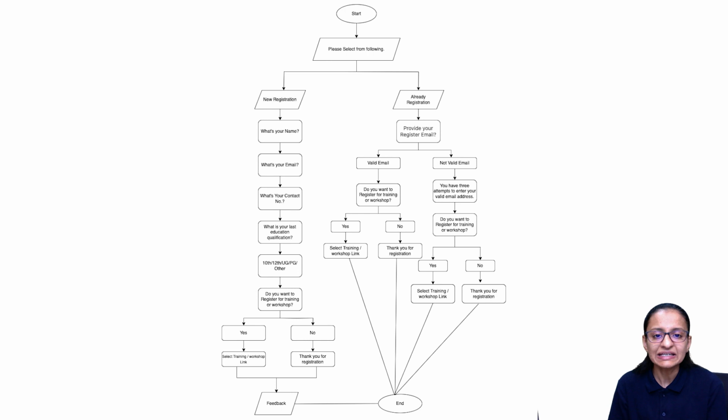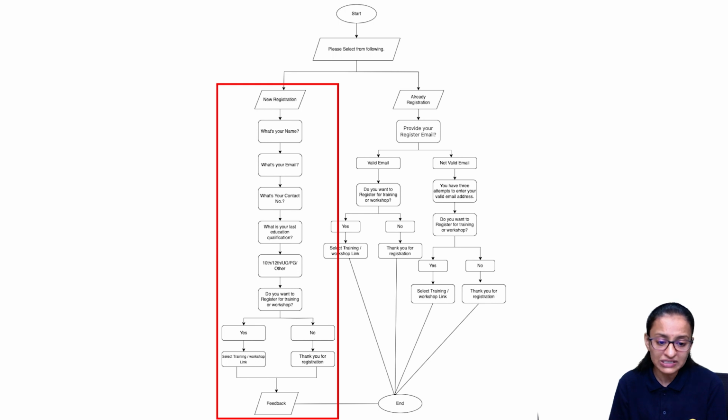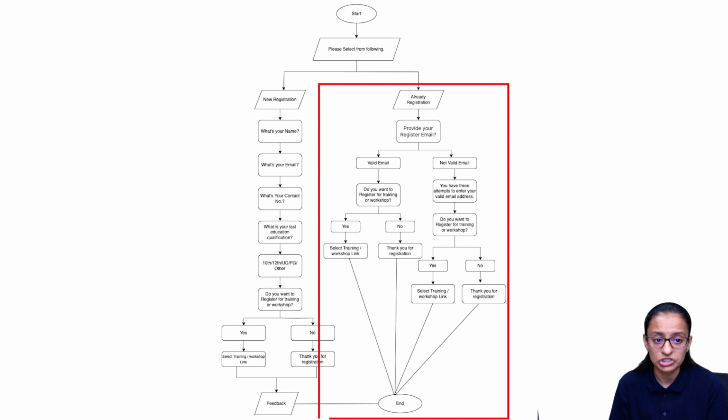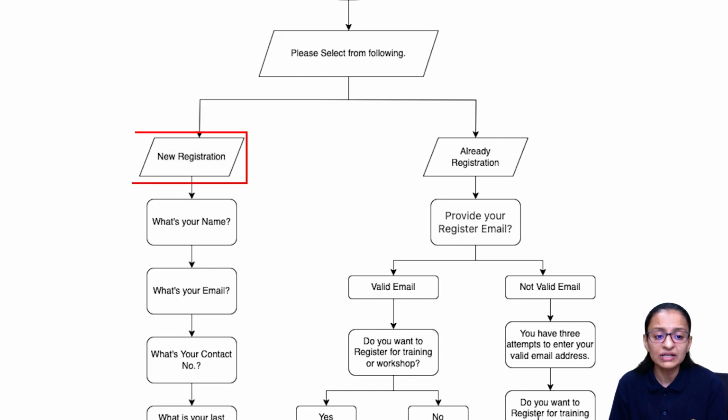Flow means, let's say we ask a question to the user, and based on the answer, it will execute either this side of instructions or this side. If the student is new, then we will take their details. If the student is already registered, we will check by their email ID and then proceed further.